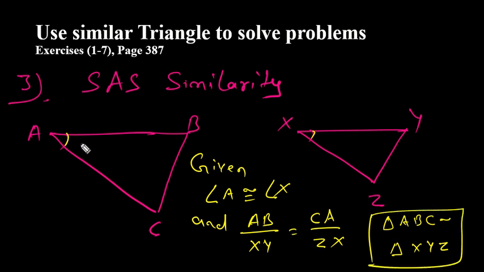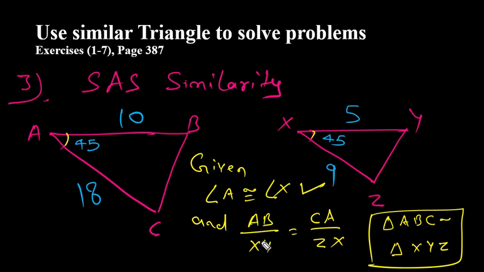Okay, so let's take an example in this case. Let's say this angle is 45, and this angle is also 45, and in this case this is 10, this is 5, this is 18, and this is 9. So this angle is 45, this angle is 45, condition 1 met.